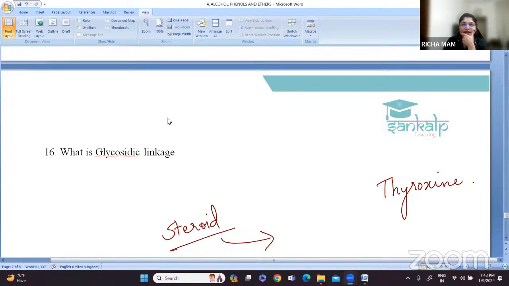Glycosidic linkage. Is it clear, students?